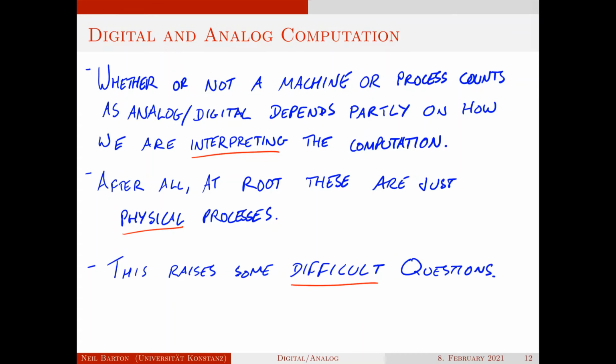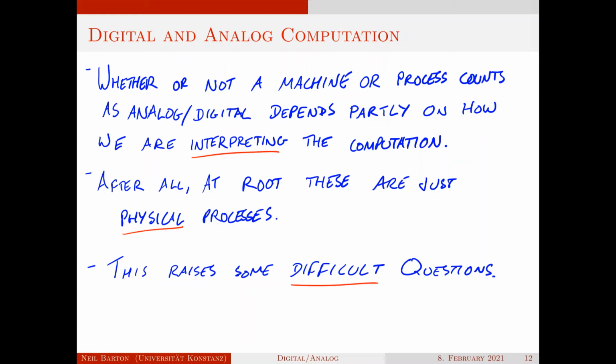So it seems, given this, that whether or not a machine or process counts as an analog or digital computation or computer depends partly on how we are interpreting the computation, and that goes within the different kinds as well, right? Exactly what we are taking the relevant process to encode, either an analog or a digital computation, can affect what we take the problem being solved to be, right?